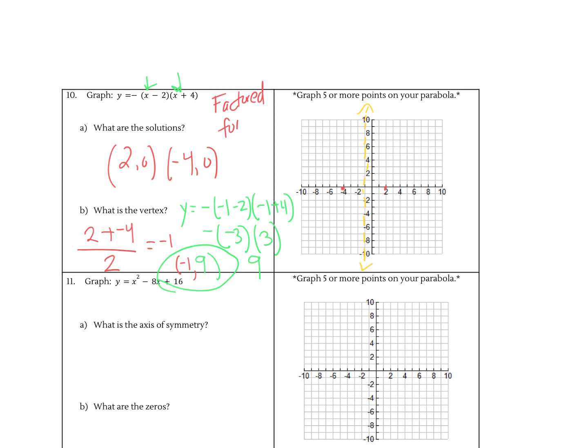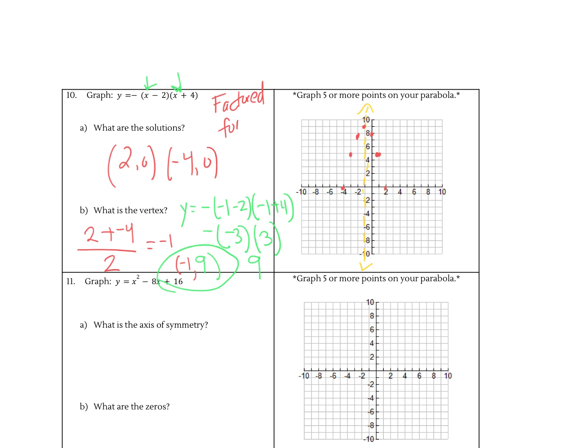If we go ahead and plot that point, -1, 9 will be right here. And then we can use our pattern. If we start at the vertex, go over 1, down 1. Use symmetry to do the other side. Go back to the vertex, go over 2, go down 2 squared, which is 4. Use symmetry on the other side.